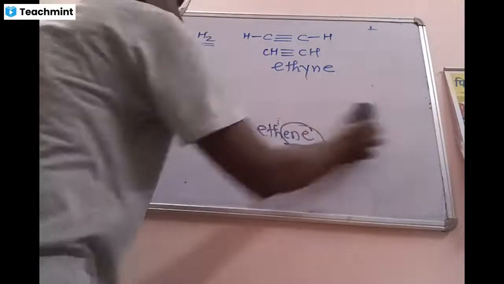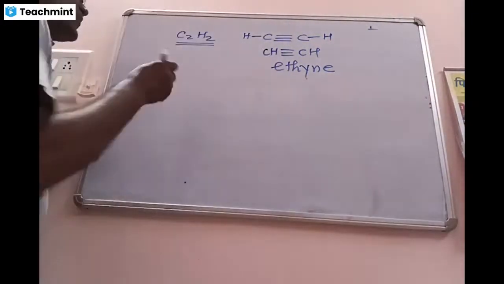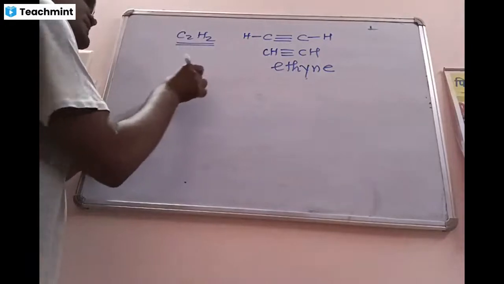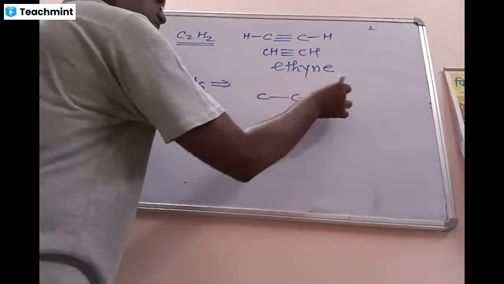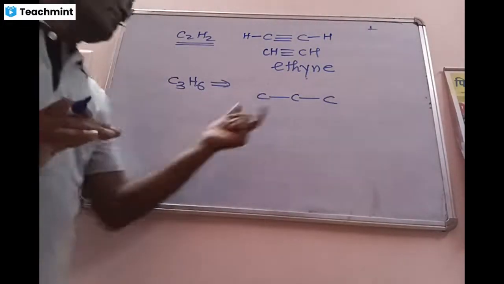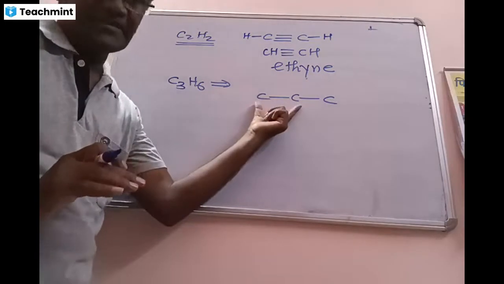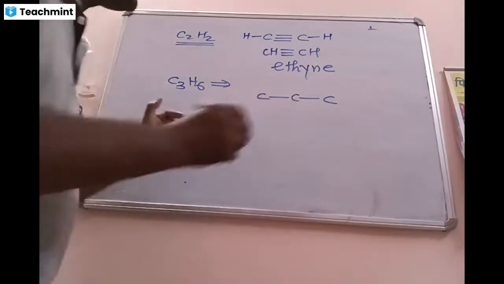Now this is the first member of this series. Go for the second member, C3H4. Three carbon atoms are there. Between these two carbon atoms you can place the triple bond, or between the next two carbon atoms.